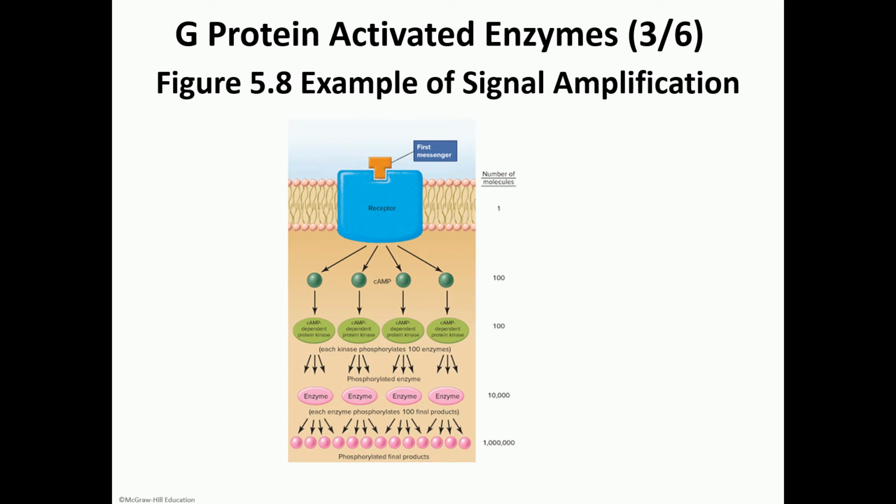So you can see here that this first messenger, one molecule of it, can lead to the production of lots and lots of cAMP. All of these can activate proteins, and those can activate even more proteins, and so on. So you get what is known as signal amplification, where one molecule of your first messenger can lead to a huge response at the end.